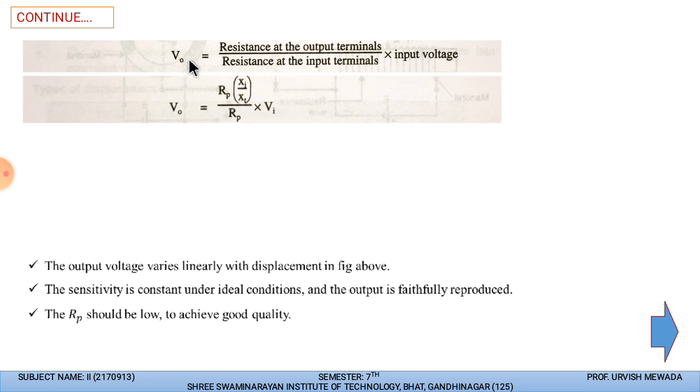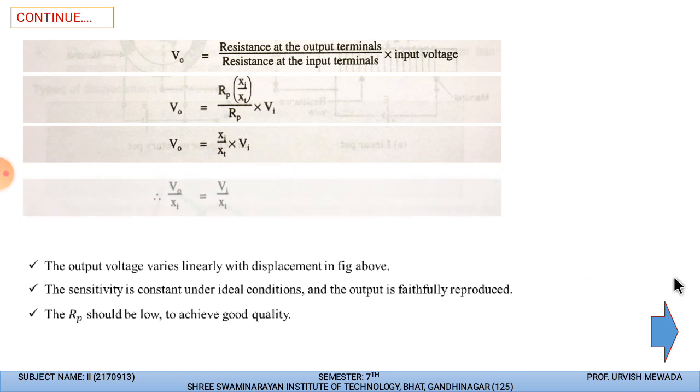The resistance at the output terminal is Rp into Xi by Xt, and the resistance at the input terminal is Rp, the total resistance, into Vi. So V output is equal to, Rp and Rp cancel out, Xi by Xt into Vi, the input voltage.